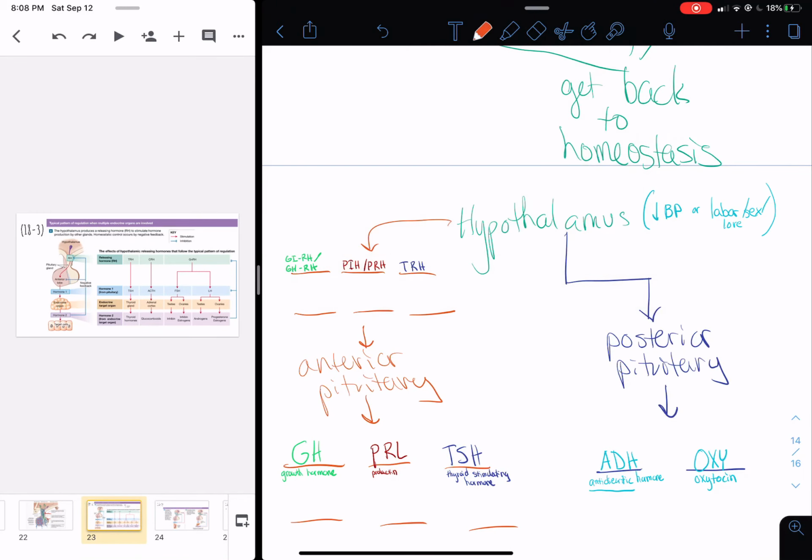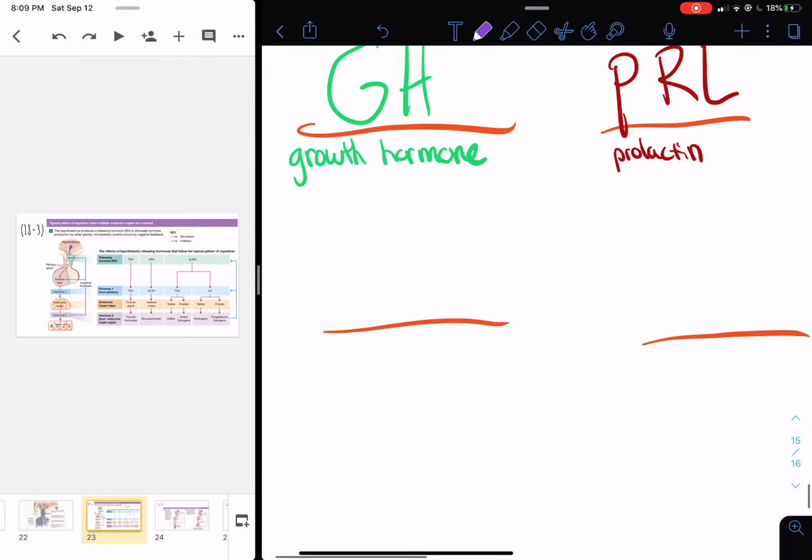Next, the anterior pituitary can release ACTH, or no, that's not right, adrenocortical.